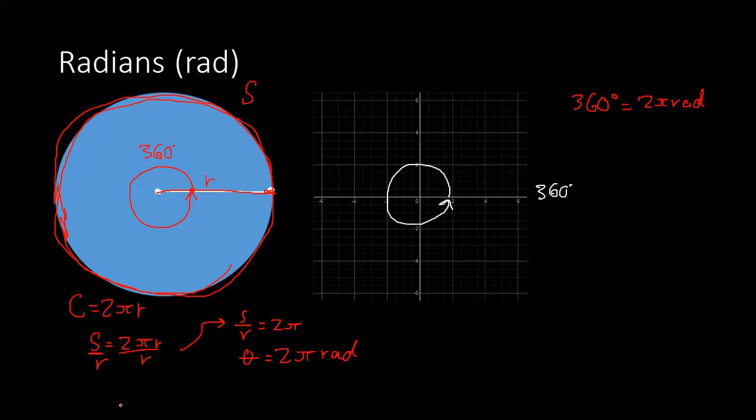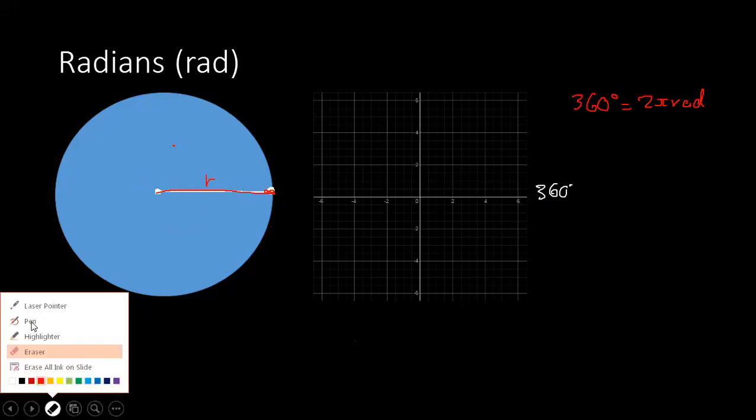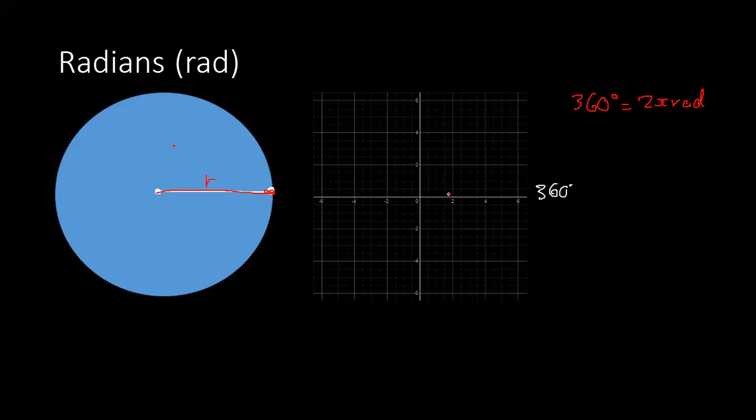Now, how about this one? Let me just erase this. What if you form an angle of, let's say, 270 degrees, and you want to know its radians? You start from here, going there, so you form 270 degrees.